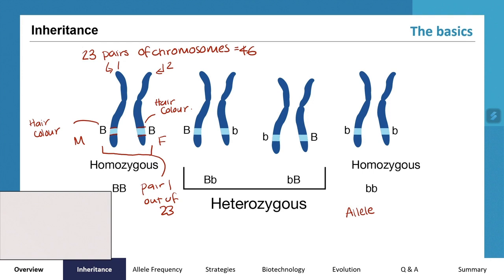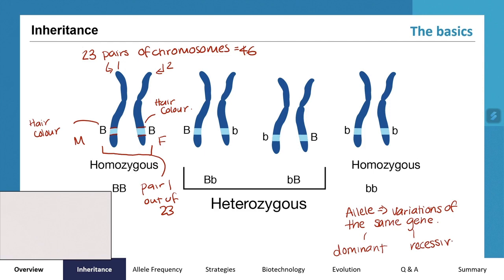And basically, even though these genes code for a particular trait, there are different variations of the same gene, which are called alleles. So alleles are variations of the same gene. Hopefully, this is revision from grade 10. If we're looking at the basics, they can either be dominant or recessive.